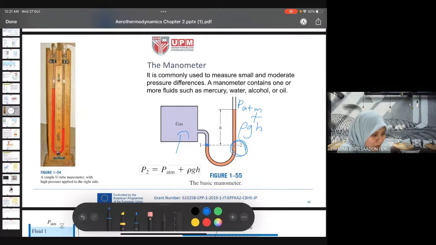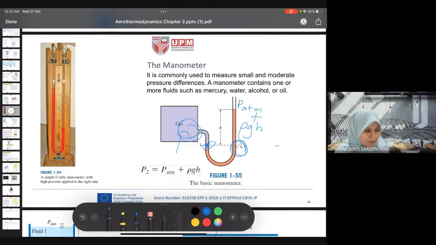So P2 equals P1, and P1 will be the pressure of the gas. Because of the same level height, the rule just now, in order to calculate the pressure of the gas at P1, we can simply calculate the pressure at point 2.